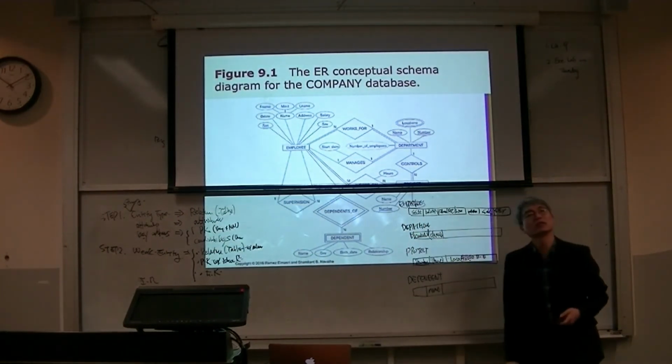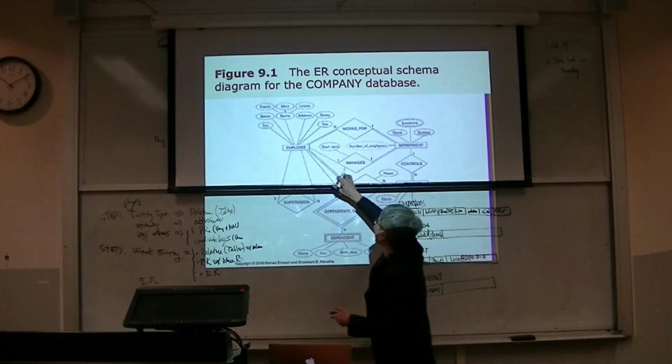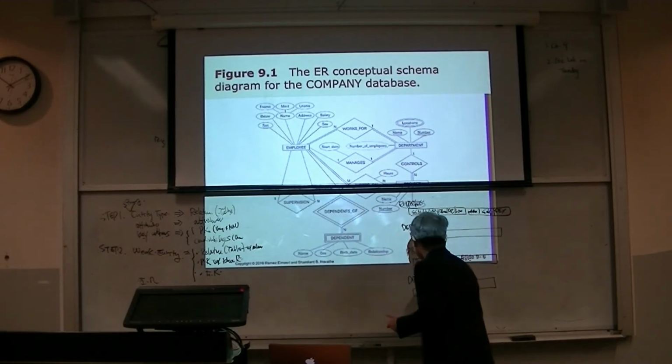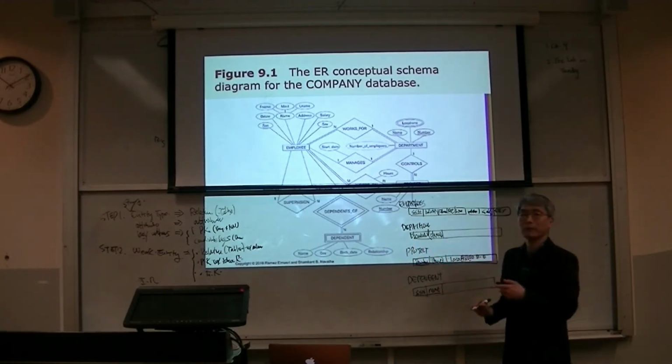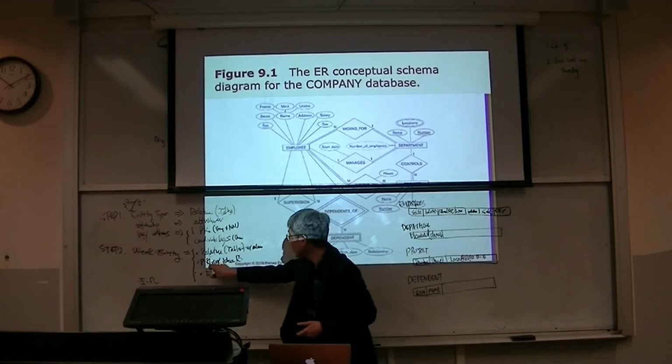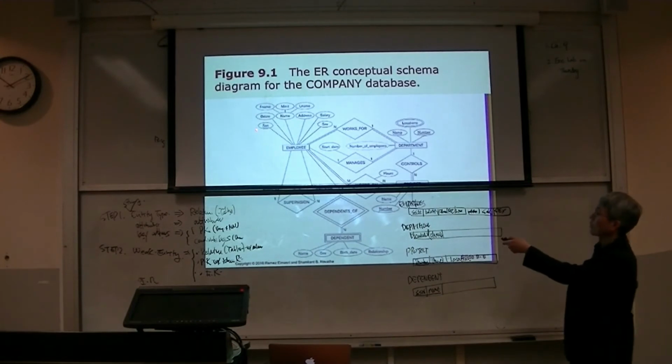So name is not enough to be a primary key. Instead, we need to use the identifying relationship SSN. Then this one is the primary key. So we create the primary key with the primary key of the identifying relationship.